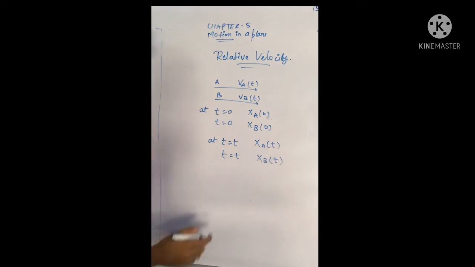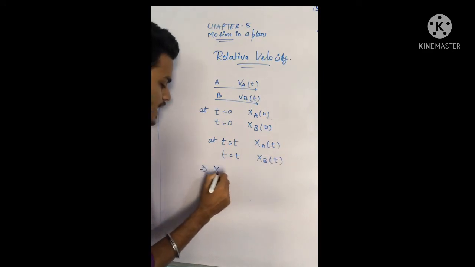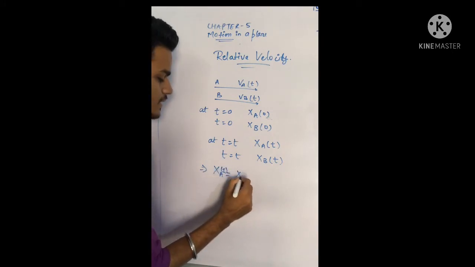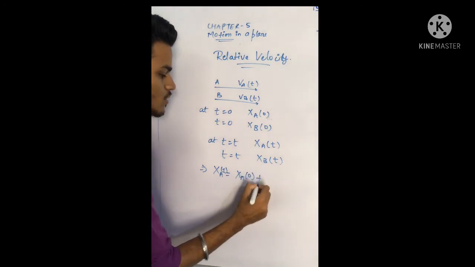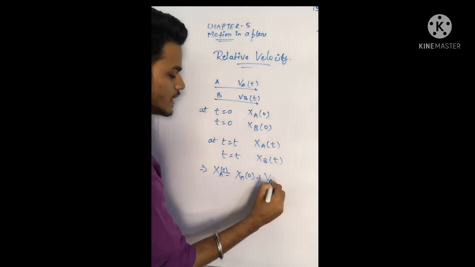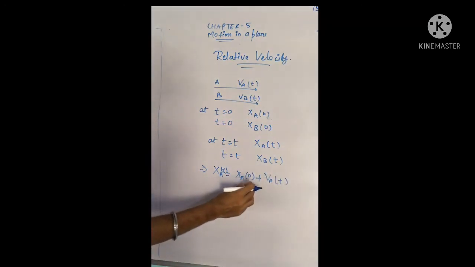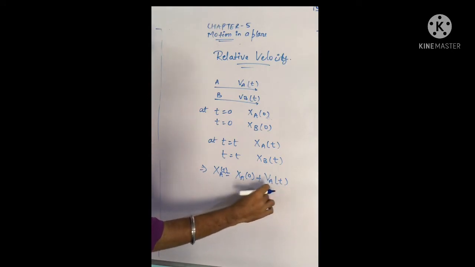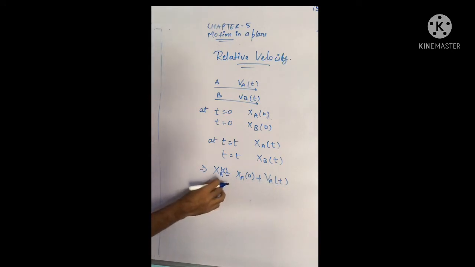determine the positions. So to find the position, xa at time t is equal to xa0 plus va t, means the position of body a when time t equals 0 plus the velocity with which it is moving. If we add them, we will get the position at time t.